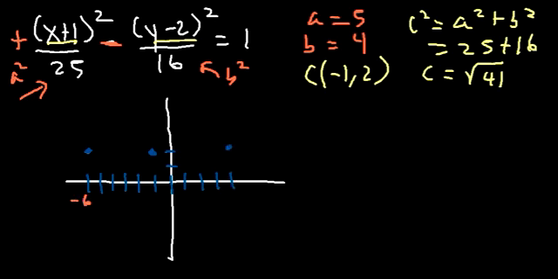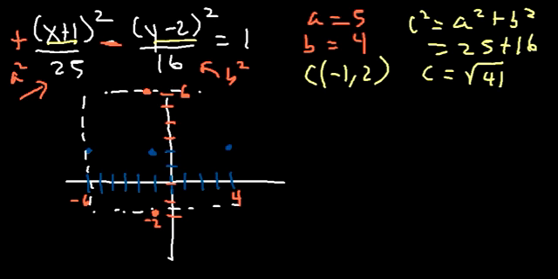So this coordinate is at -6, this is 4, and b is 4, so we need to go up 4 units. So that's at 6, and down 4 units to -2. And then draw the rectangle. And then draw the asymptotes.